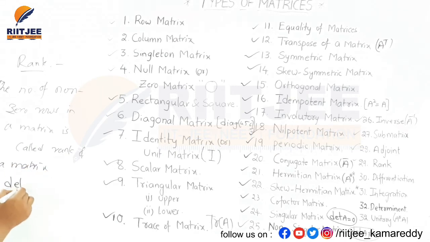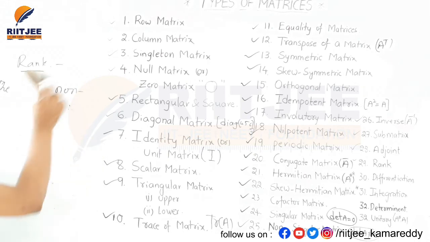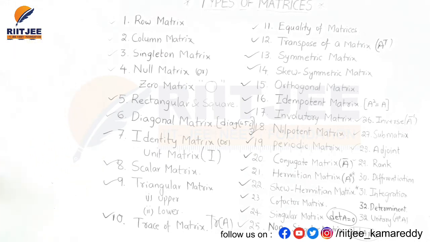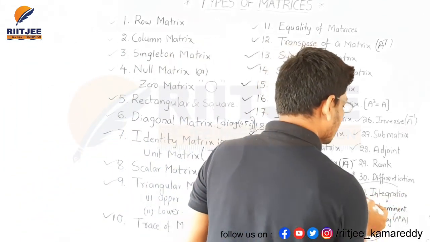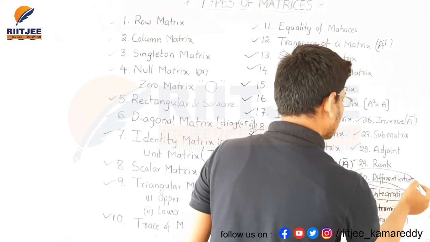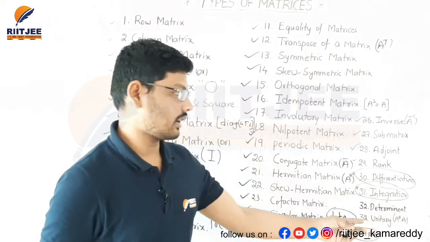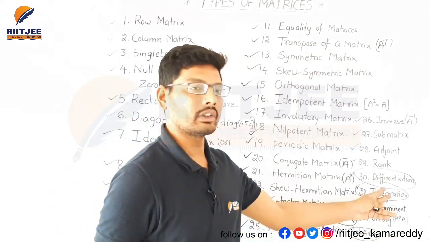Here if det of A is equal to 0, then rank is not possible here. And differentiation and integration matrices are discussed later, because these are different chapters of matrices. These are related to JEE topics.